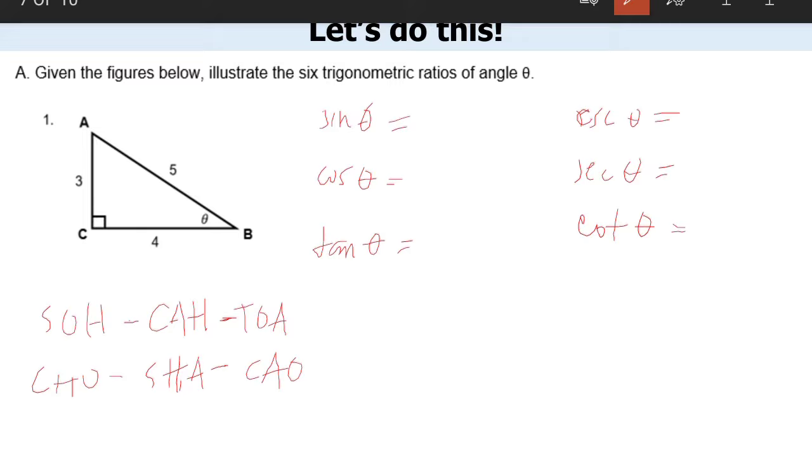So for SOH, we have sine theta is equal to opposite over hypotenuse. For cosine, we have cosine is adjacent over hypotenuse. And for tangent, we have opposite over adjacent.